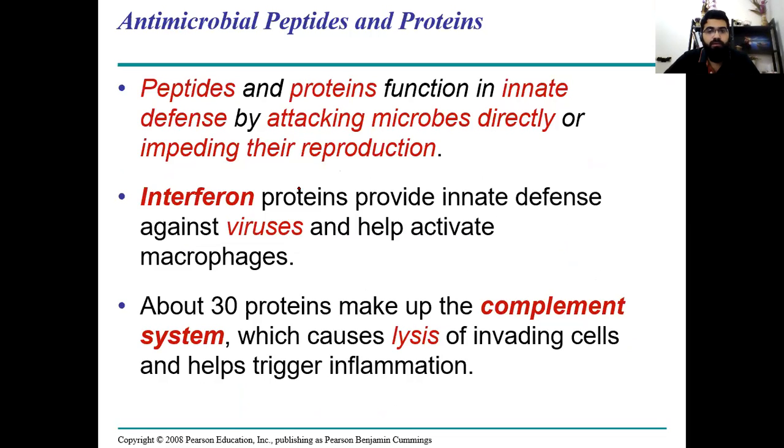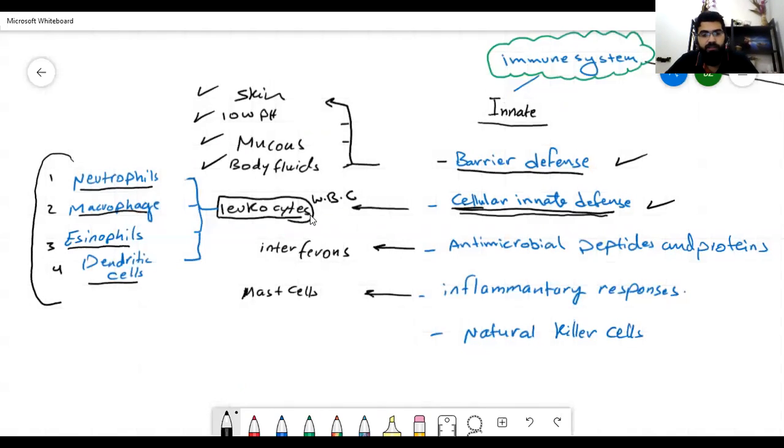Now the third way, back to the slide here, the third type of innate immunity is antimicrobial peptides and proteins. What are these antimicrobial peptides and how is it innate immunity? Let's see.